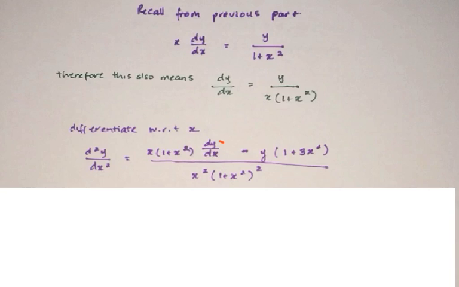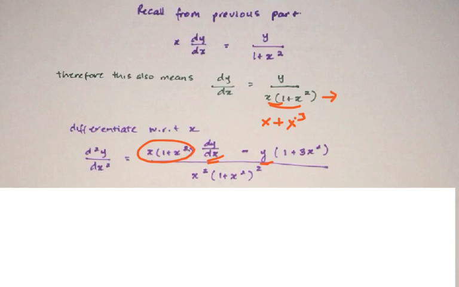So, v, which is x times 1 plus x squared, times du dx, which is differentiating y with respect to x, becomes dy dx, minus u, which is y, times dv dx. dv dx is the differential of our denominator. What we can do is we can expand our denominator, as in multiply x by 1 and multiply x by x squared, and we get x plus x cubed.